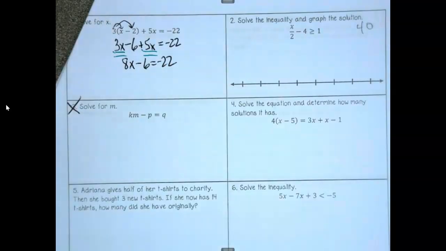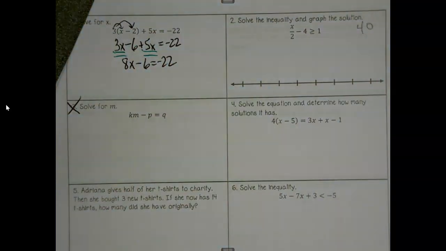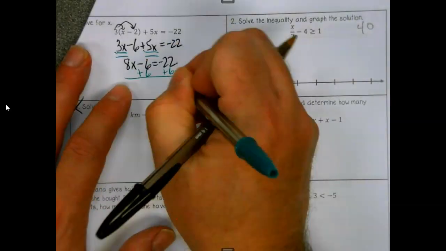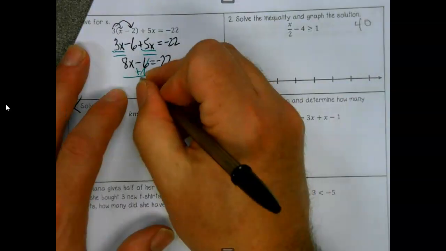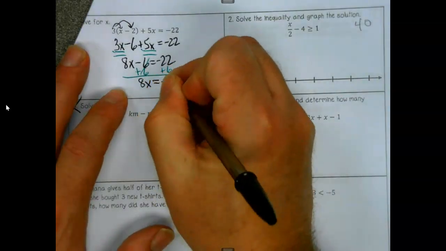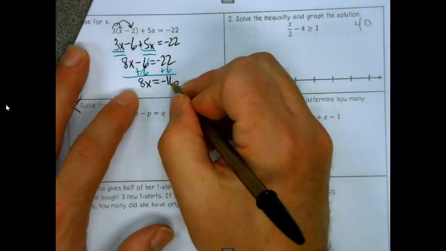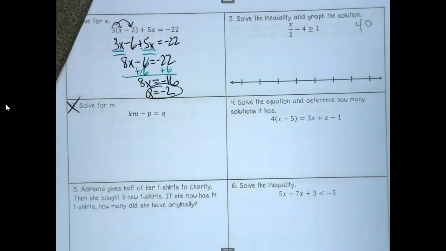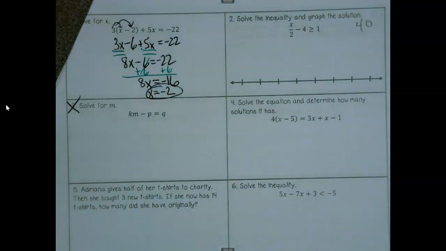And then it's going to look more like a traditional two-step equation that we're used to. Get that x term alone. Divide by 8. Work that out.